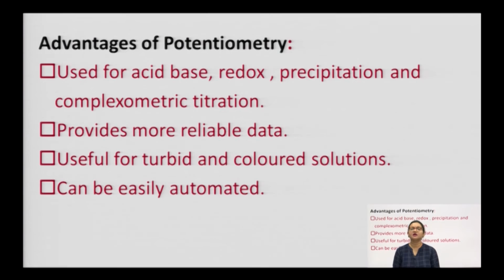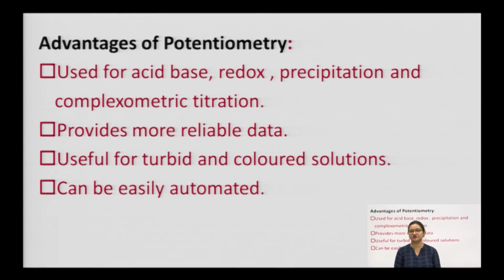So, potentiometry relieves all types of titration from that sort of indicator error or chemical error. It provides more reliable data because the end point is easily determined with the help of potential difference or voltage difference across the titration with the changes of analyte concentration.